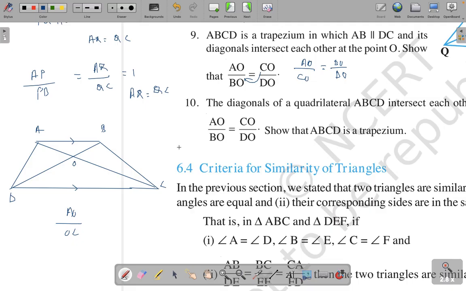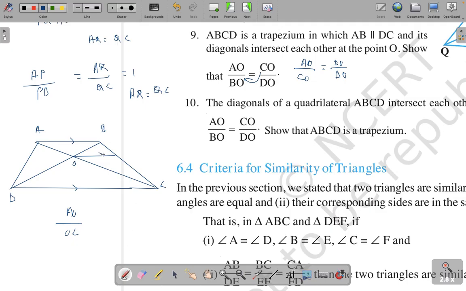So we can make a parallel line. Here you have to remember that until and unless you have a parallel line, you cannot apply BPT. So draw a parallel line like this.